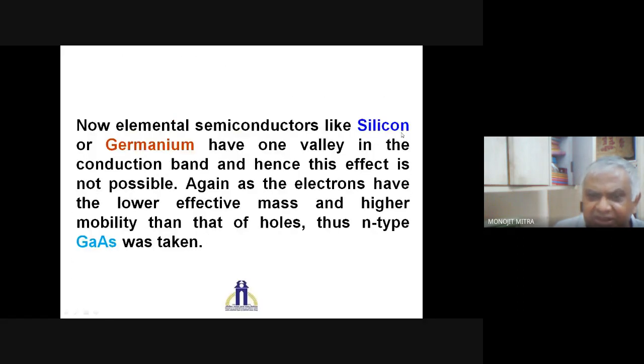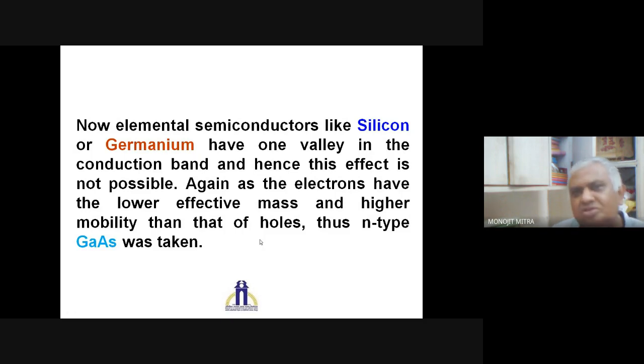That is written in the next slide. Elemental semiconductors like silicon and germanium have only one valley in the conduction band, and hence this effect is not possible. I hope it is clear to all of you. And again, the electrons have lower effective mass and higher mobility than the holes. I hope you can understand that the mass of holes is much greater than that of electrons.